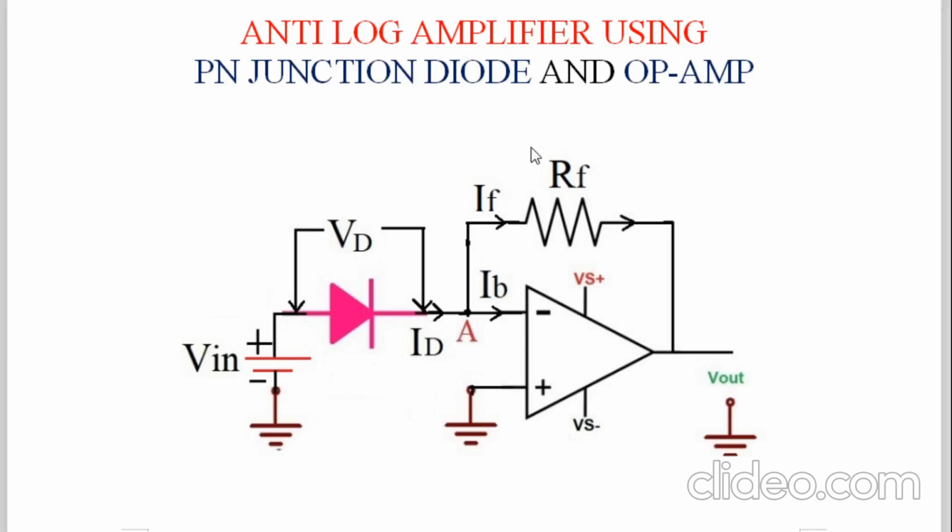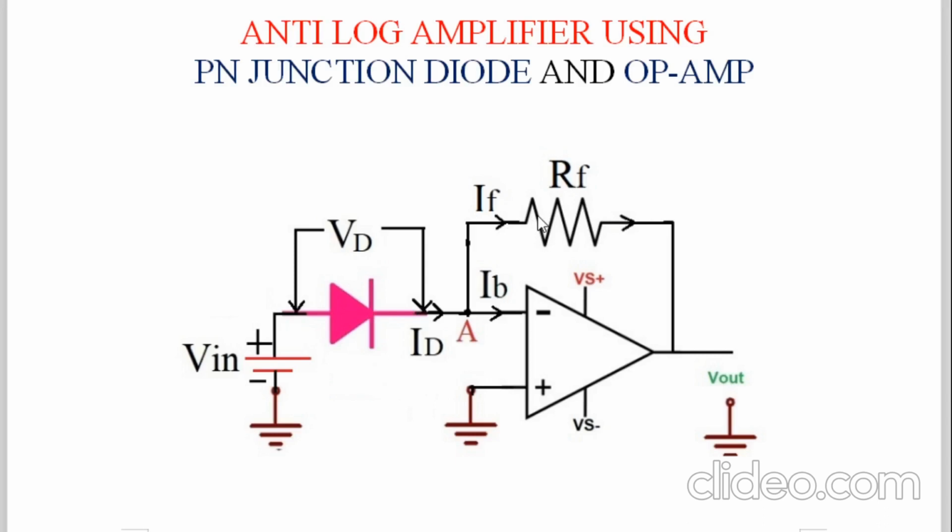If you remember, in the log amplifier, the PN junction diode was used in the feedback path, and the resistor, which is now in the feedback path, was at the input. So it is just the opposite, like log and anti-log actions, or similarly integrator and differentiator.